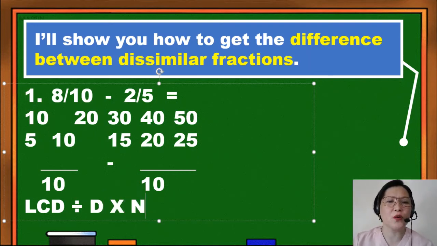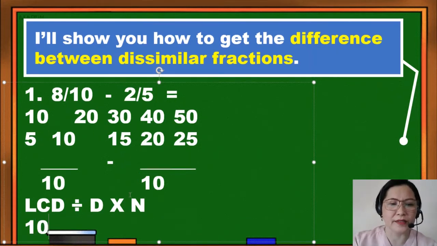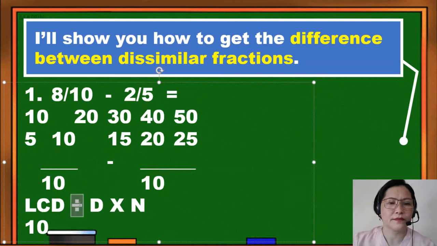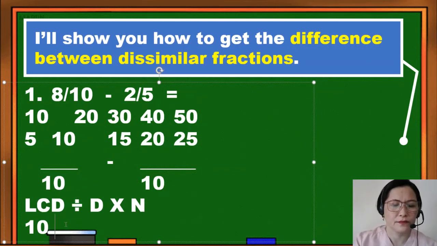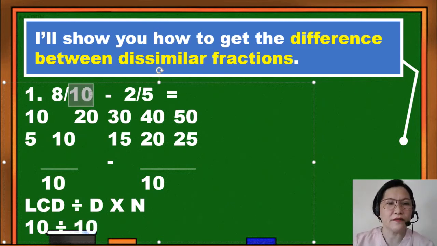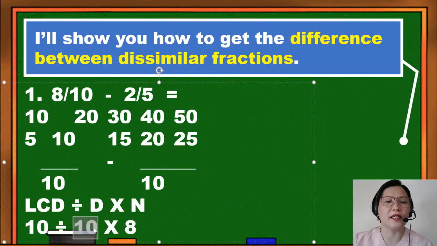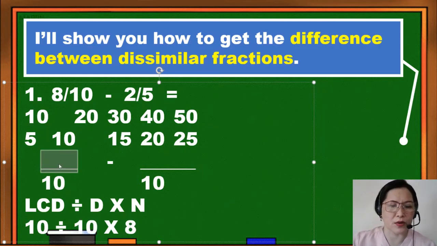So if we are going to substitute, it will become 10 divided by 10, times 8. So what will be the answer to that? 10 divided by 10 equals 1, times 8 equals 8. So I will write here 8.